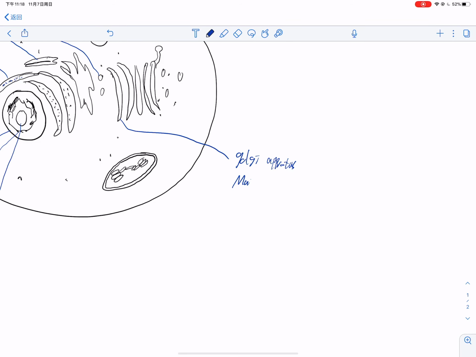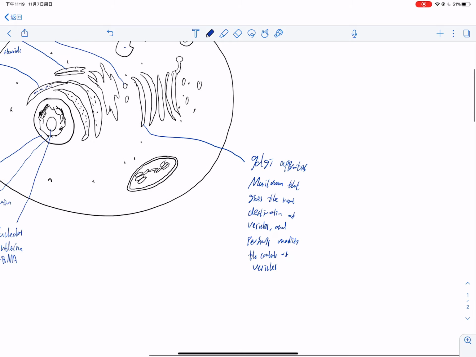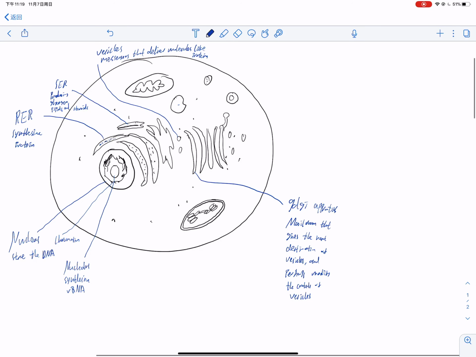So it's a mailroom that gives the next destination of vesicles and perhaps modifies the contents of vesicles.